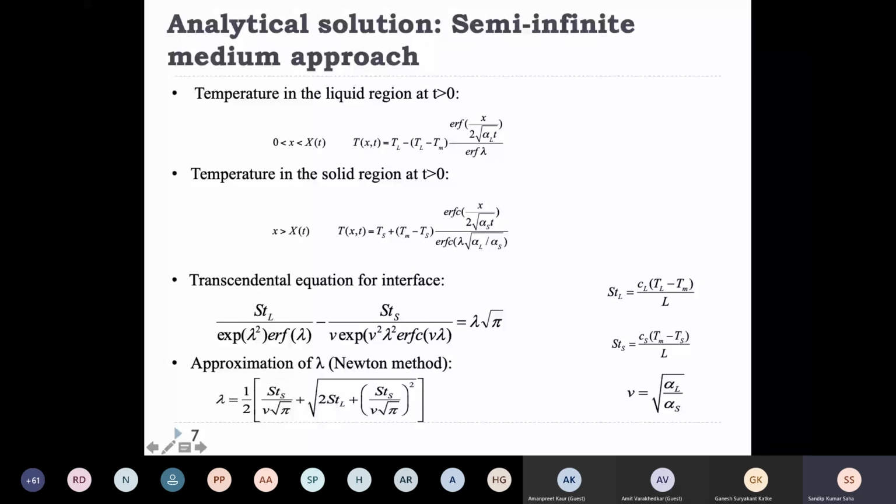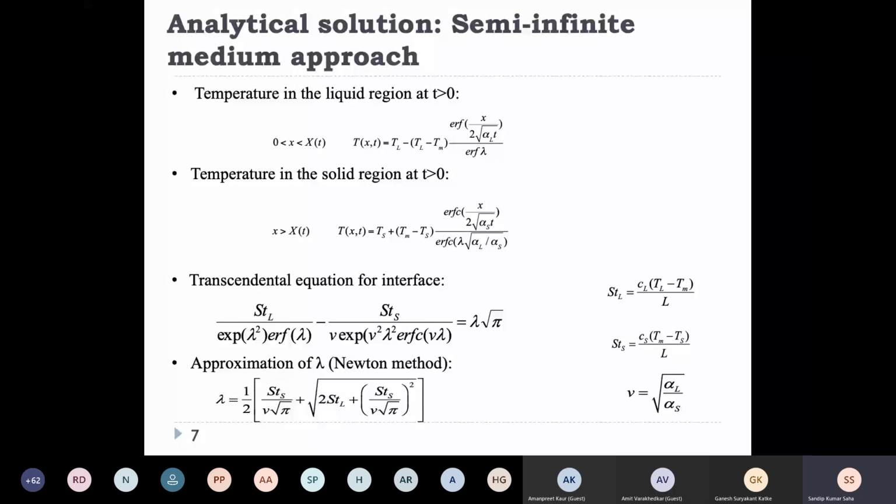Now this type of equation, where both the movement term and the term xi or lambda, which is actually a non-dimensionalized form, exist on both sides of the equation, is called a transcendental equation. Solving it is not very easy, but nowadays MATLAB and other software is there, and if you code a little bit, it is very easy to solve. So this way you will get a numerical solution.